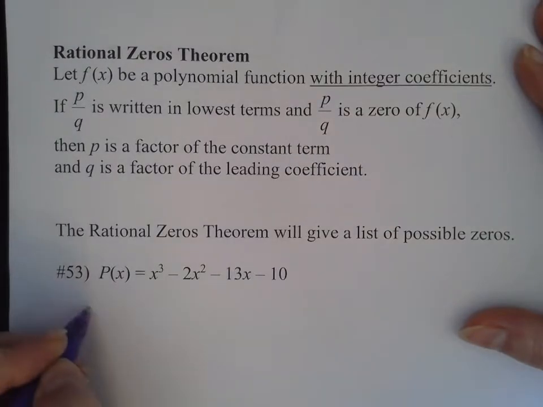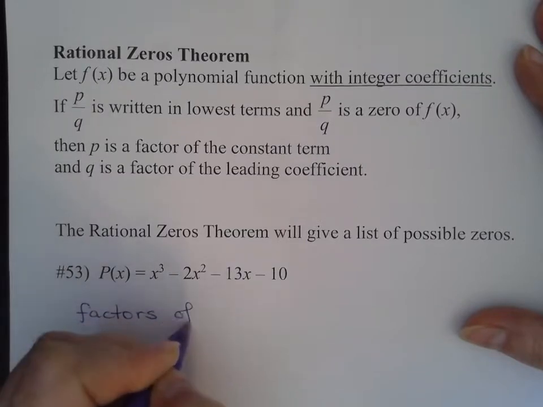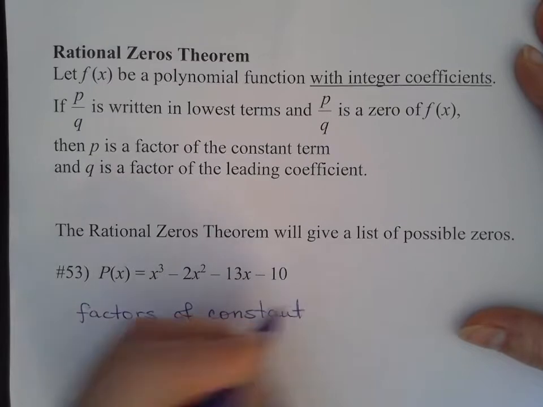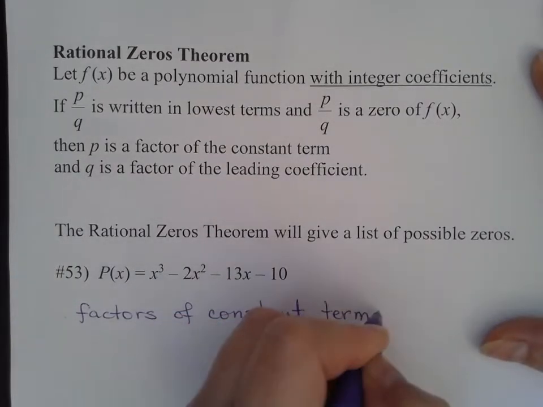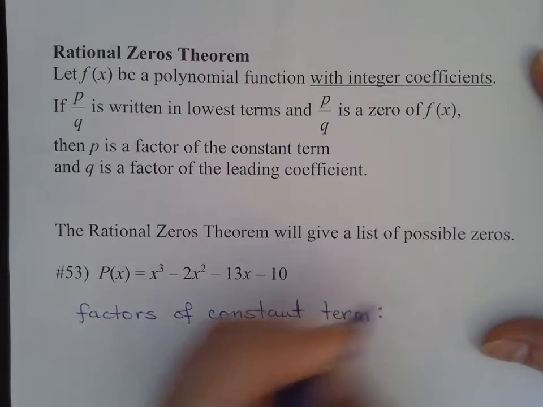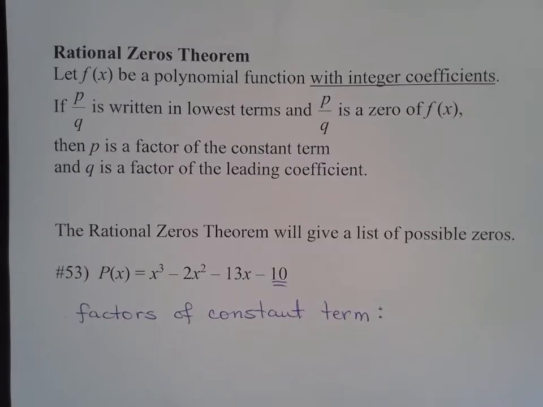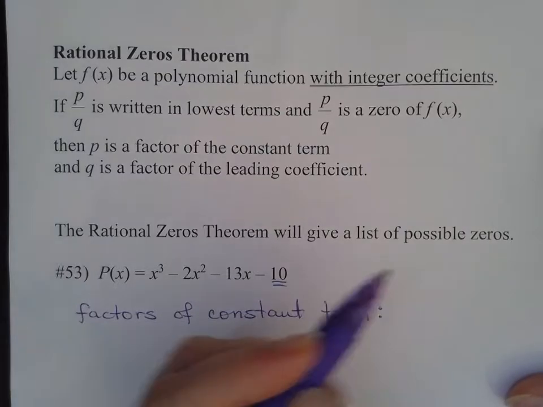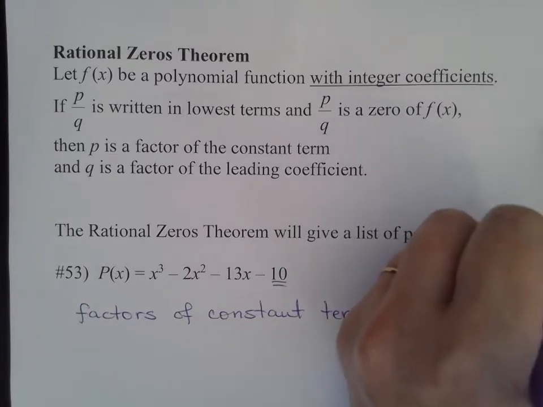So let's start with listing out factors of the constant term. For this problem, the constant term is the 10. So factors of 10. Let me write this off to the side. I usually do it like this.